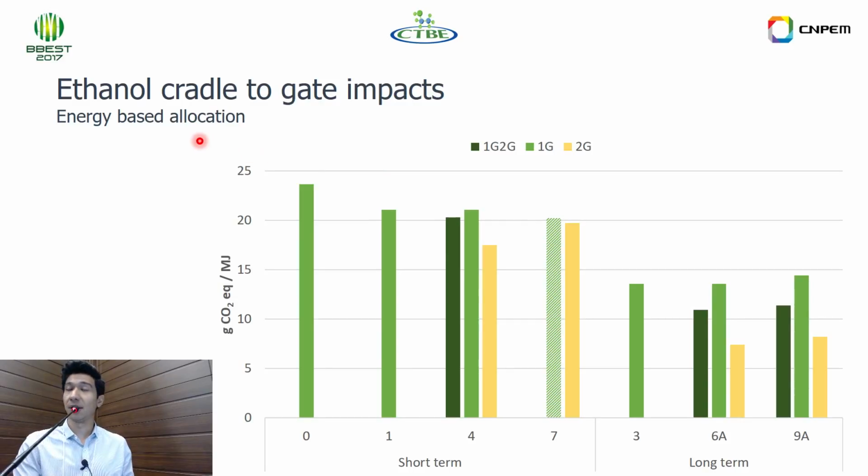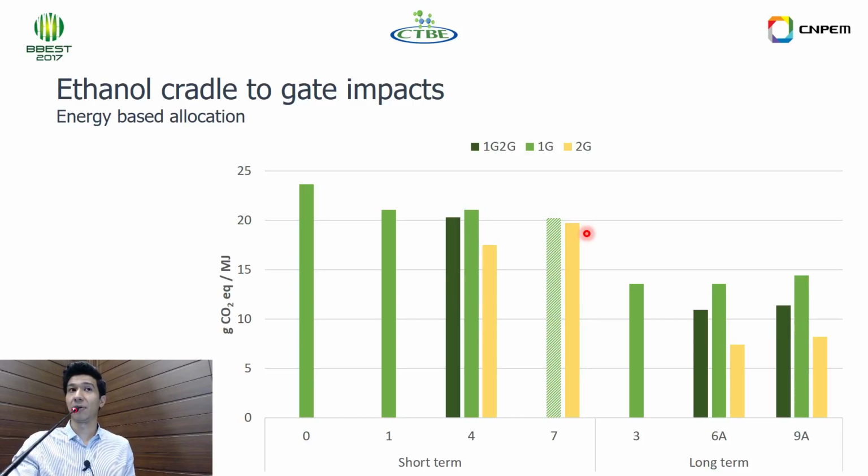However, if you consider another allocation procedure, for example energy-based allocation, we see in the same yellow bars that the impact of second generation from a standalone facility increases from 12 or something to 20. Why? Because the bagasse and lignocellulosic material have a very high energy density.